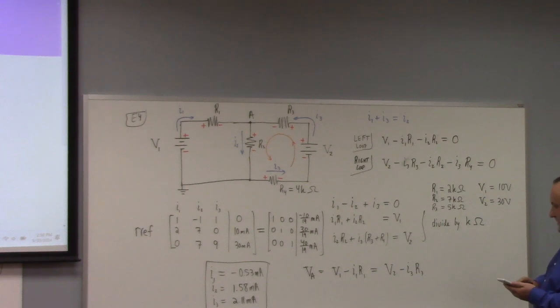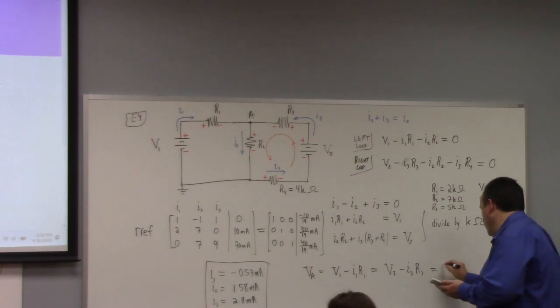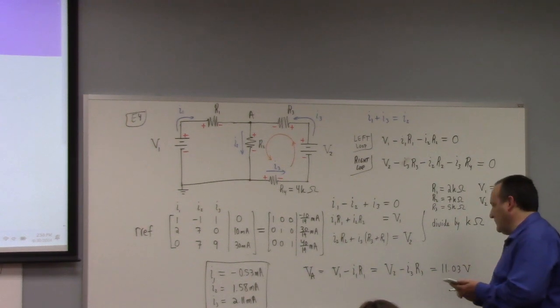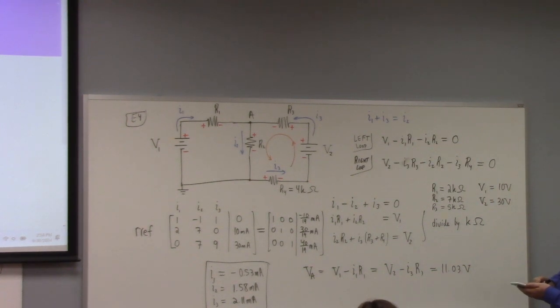So I think if I didn't make a mistake, I got about 11.03 volts, but there's some round off error going on here. If I try 30 volts minus I3R3, what do I get? $19.5. Uh-oh, I did something wrong.